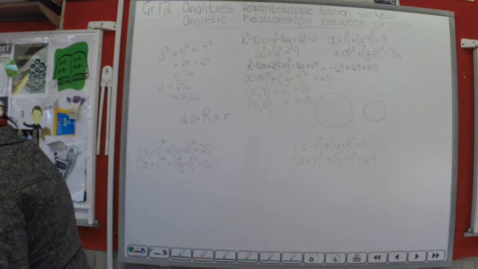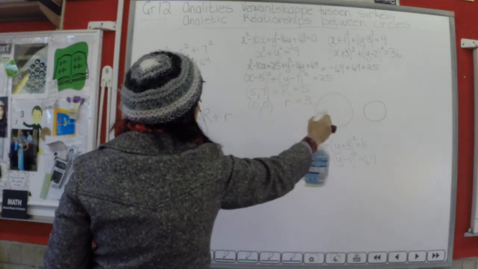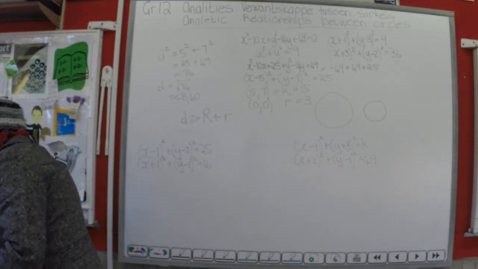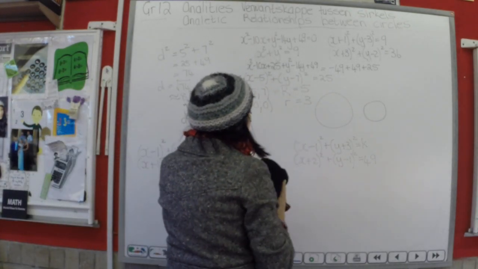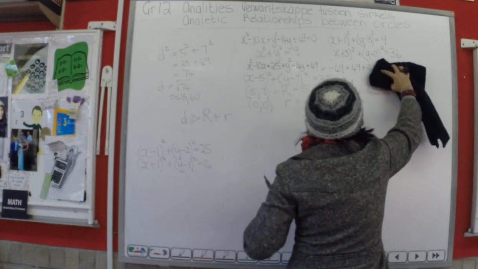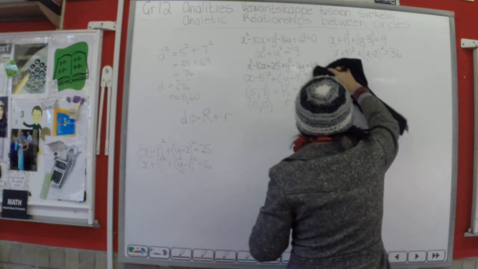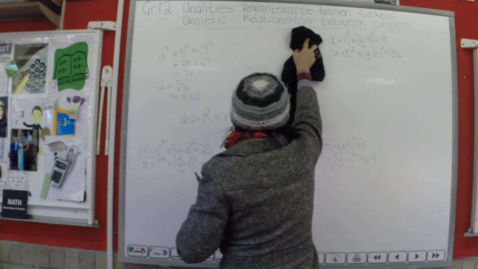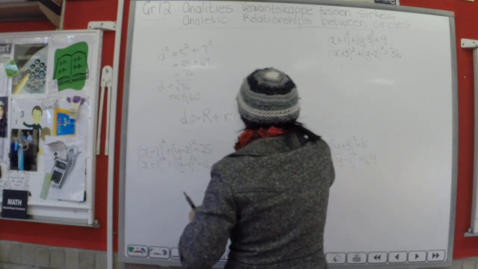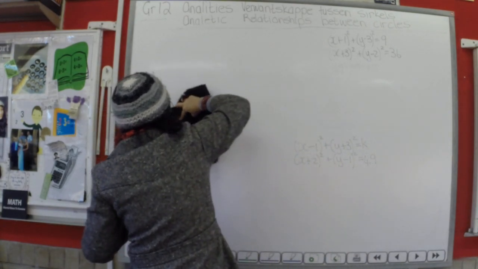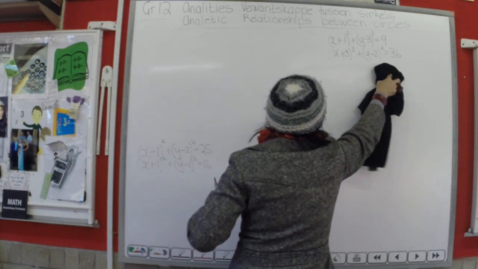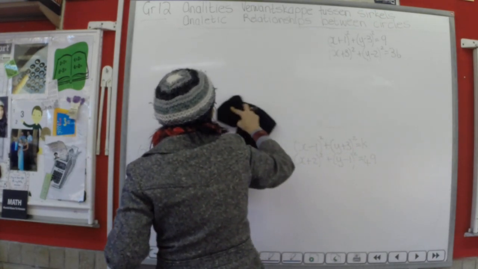Those two circles. Let's get our 3 things that we must determine before we can make a conclusion about the relationship between 2 circles. We're going to work out, again, D, R en r.